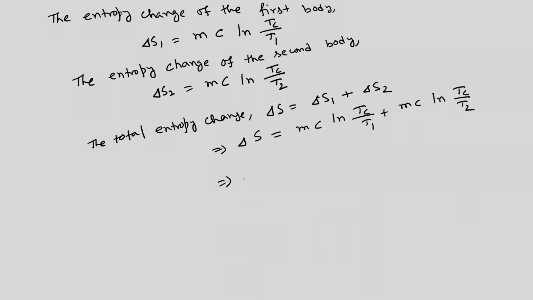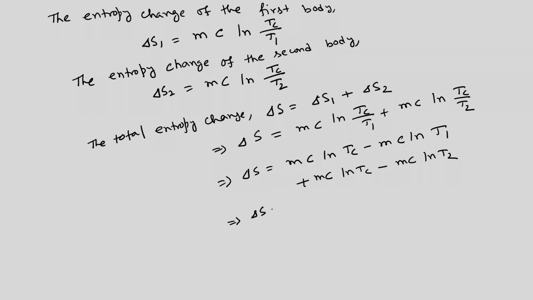So, delta S is mC ln Tc minus mC ln T1 plus mC ln Tc minus mC ln T2.